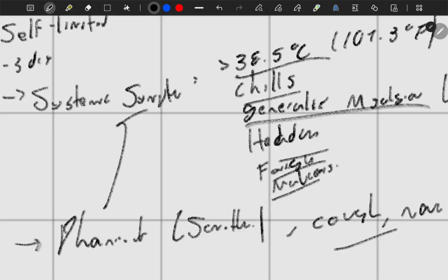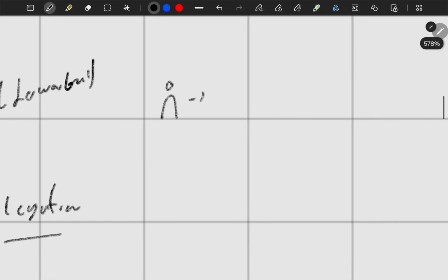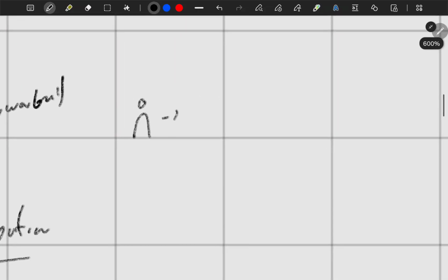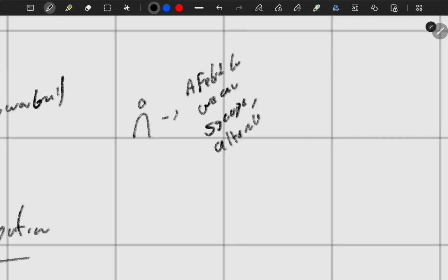Elderly or immunocompromised patients may present with atypical symptoms, for example, an afebrile illness. They don't present fever, but weakness and altered mental status.